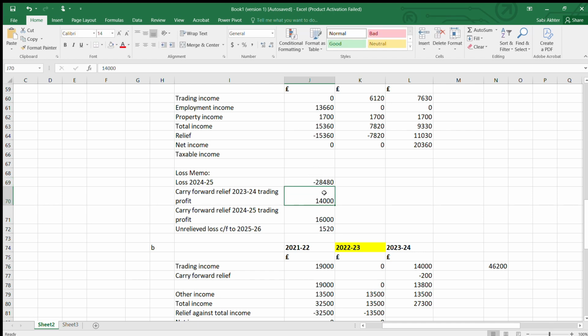So I'm taking first this 15,360. Just change the description. It is claim against total income. Then 7,820. So I'm still left with 5,300. So it is 5,300 which you have to deduct here. Done.